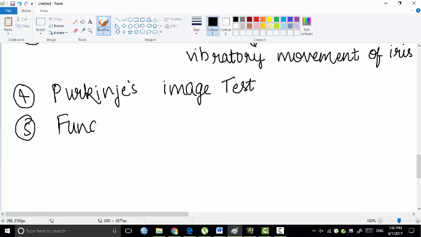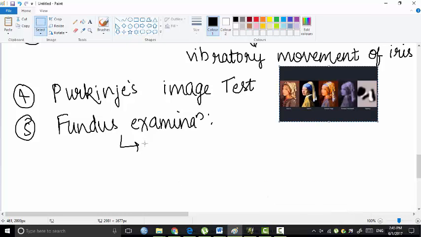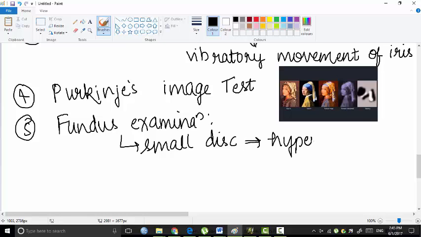Next, on fundus examination, what can you see? You can see a hypermetropic small disc. On fundus examination, you can see a small disc. The optic disc is small, which is again hypermetropic, right?